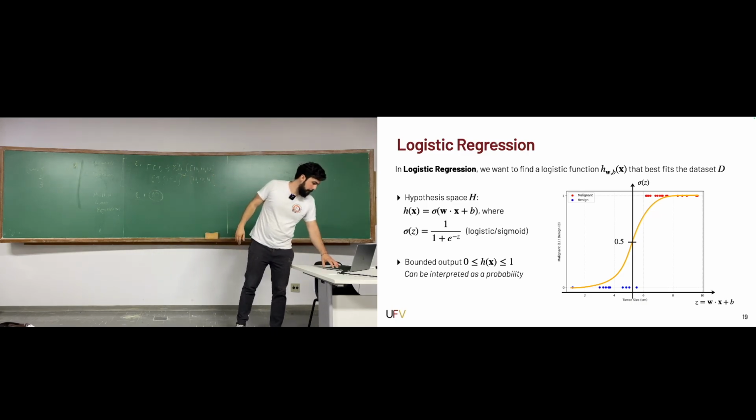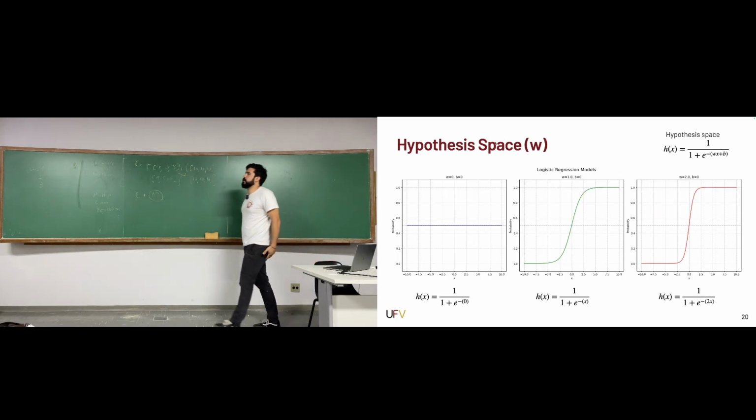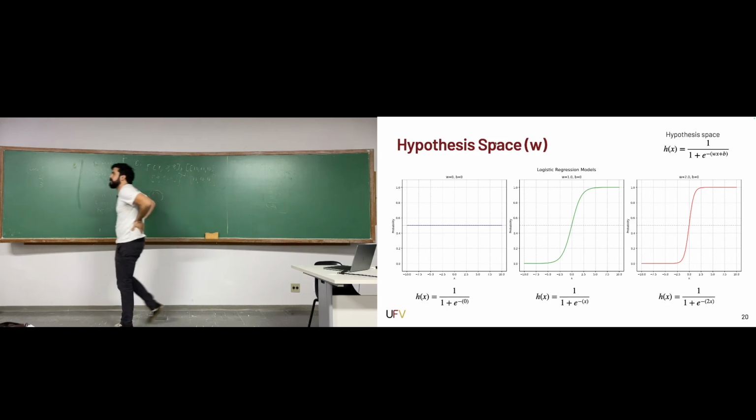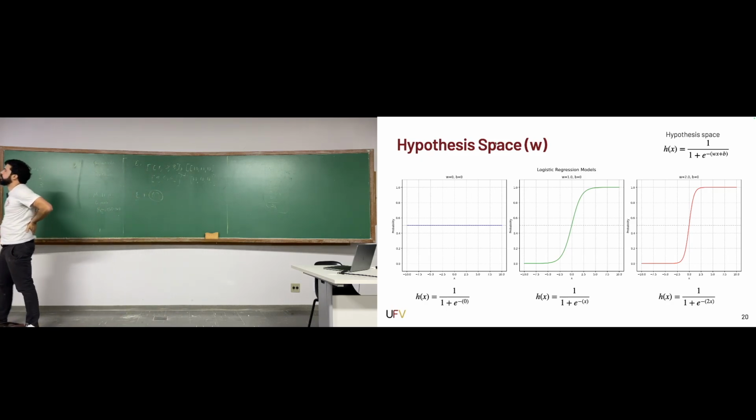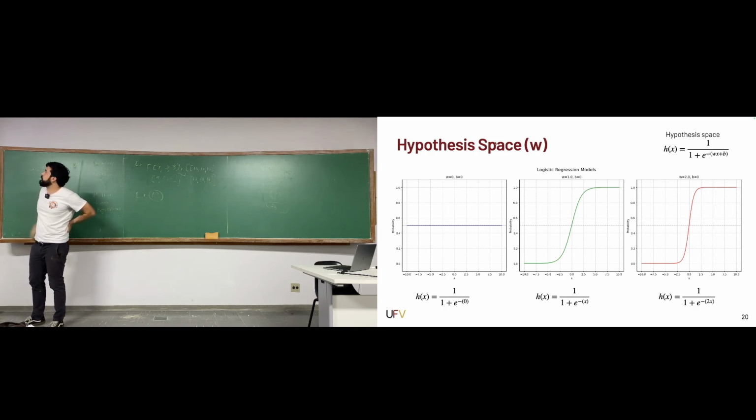Okay. So here are some visualizations of different logistic regression models. Here's our hypothesis space. We're going to be defining our hypothesis space by those functions there, 1 over 1 plus e to the minus (wx plus b).